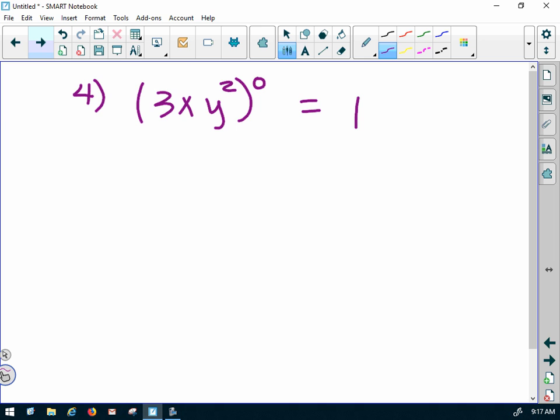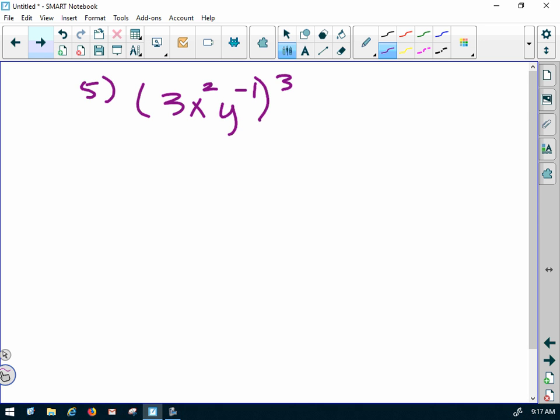Number 5, 3x squared y to the negative 1 cubed. Which rule? I want you to read me the title of the rule we're going to have to use. Power of a product.